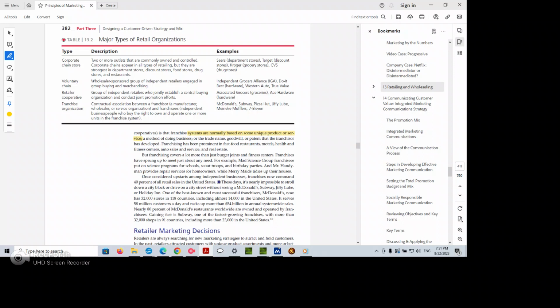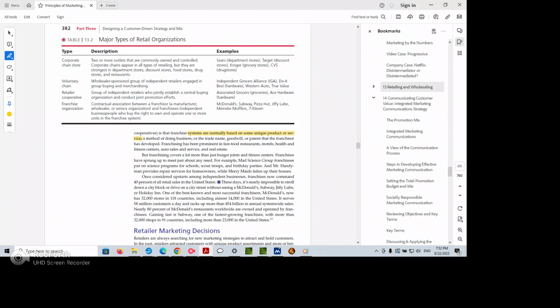For example, there is a difference between McDonald's, Burger King, and Carl's Jr. Or what was the other one? Arby's, Wendy's, those fast food places.